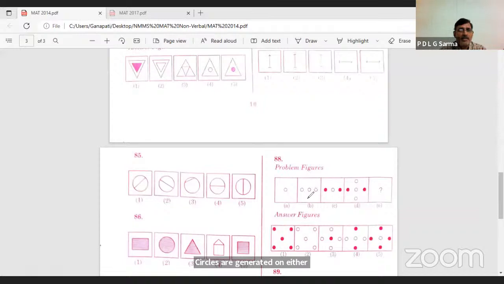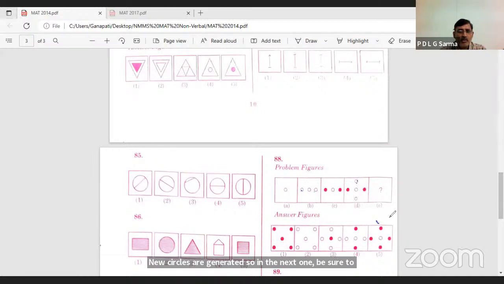Then next, these two are shaded. Then what happened next? The same two are there, but two more new circles are generated. So in the next one, these two are also to be shaded.